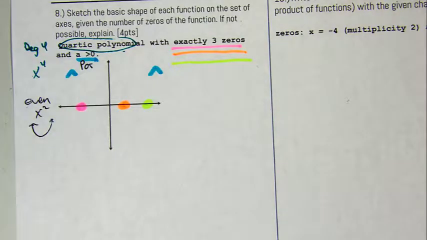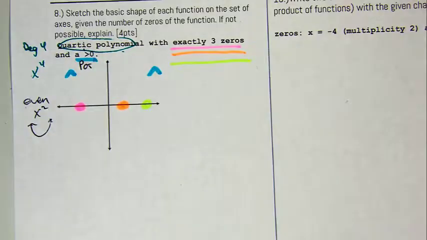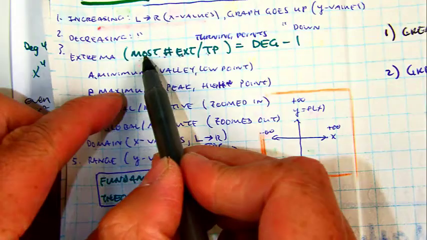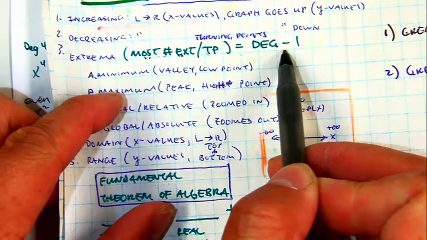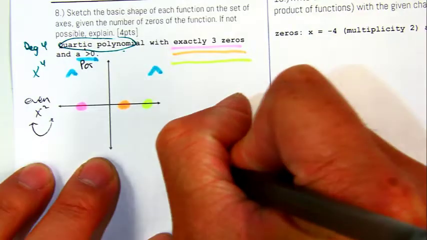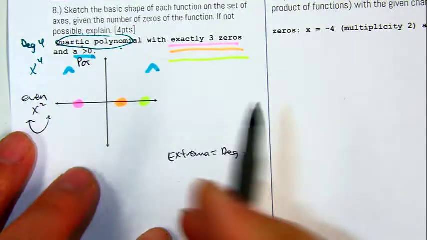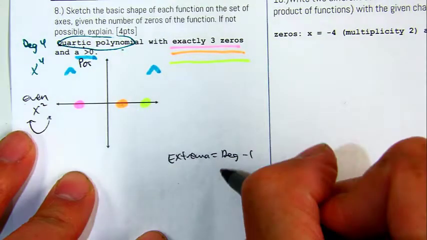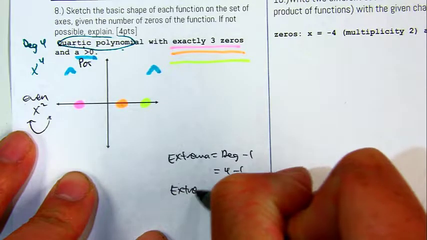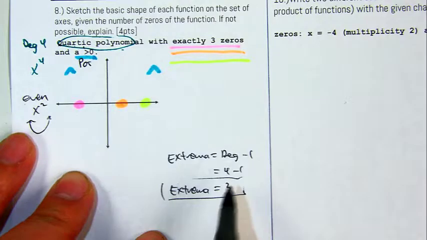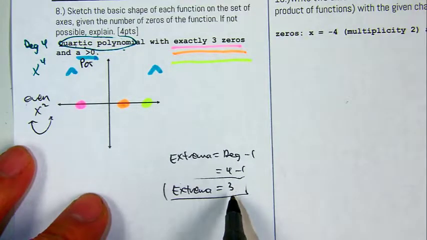that. Now, some other behaviors you should know is that the most number of extrema or turning points is the degree minus 1. Let's write that down. Maximum and minimum is the degree minus 1. So if this is a 4th degree, what does that mean? We should have 3 bumps. We should have at most a total of 3 maximums and minimums together.